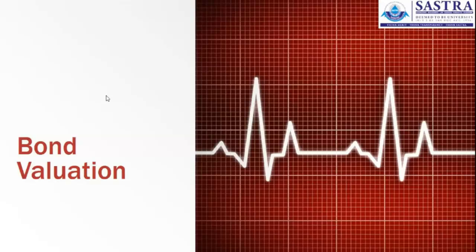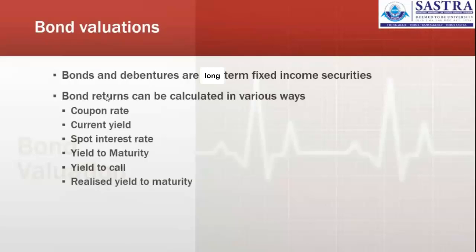For these bond valuation models, we have already seen them in financial management itself. Whatever calculation we did for the single period calculation, we have yield to maturity and yield calculation. So in those calculations, we have the bond valuation.